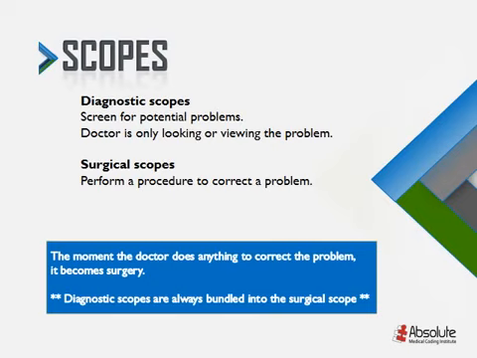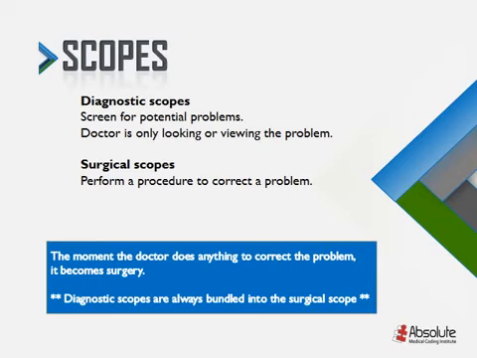The moment the doctor does anything to correct a problem, it becomes surgery. So, for example, you have a colonoscopy, and as they're doing the colonoscopy, they find that there's a problem, and they don't take the scope out, but they switch gears and say, okay, we're here, let's correct the problem. That diagnostic scope has turned into a surgical scope.